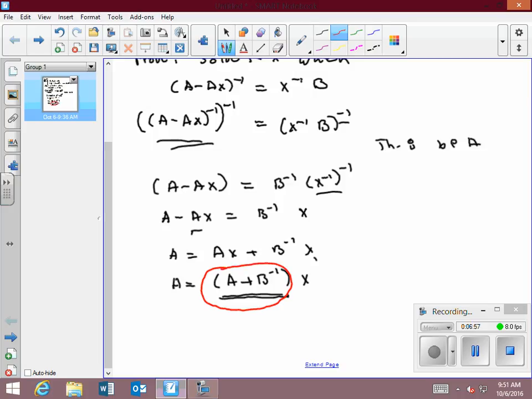And 6b says if A and B are n by n invertible matrices, then so is AB, and the inverse of AB is the product of the inverses of A and B. So by that theorem, this AB inverse is invertible.